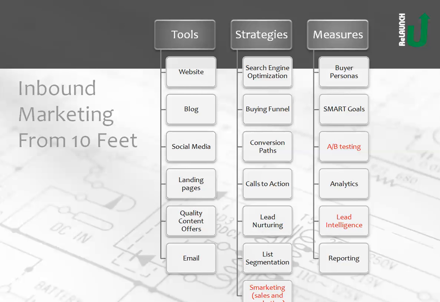There are a few things like smarketing, which you can see down at the bottom, A/B testing, and lead intelligence. These are systems and processes that are very time intensive, but they also are going to be the ones that take larger companies to the next level in their inbound marketing. But those are really reserved for very large companies. The rest of these make a lot more sense for small to mid-sized businesses.